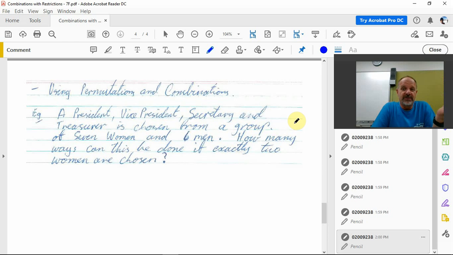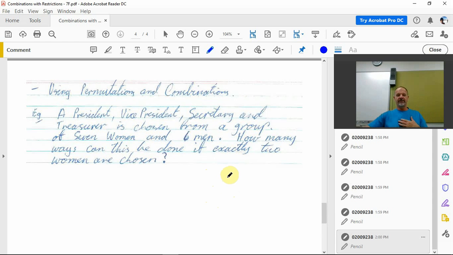So John might be the president, and that's a different committee than if John's the treasurer, because they have specific roles. In the previous case, the arrangement was unimportant, but in this case, the arrangement is important because of the roles. So there's a combination of permutations and combinations from the group.